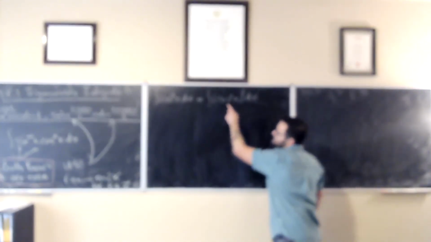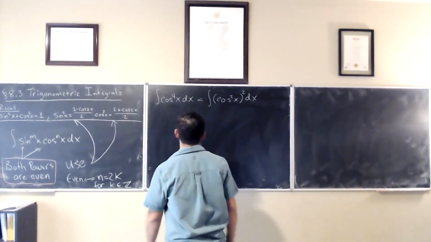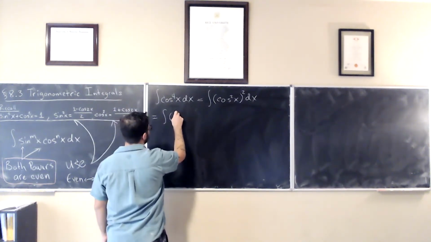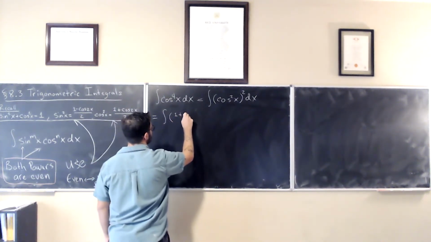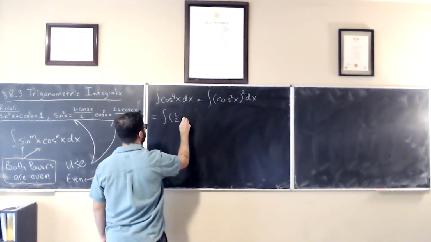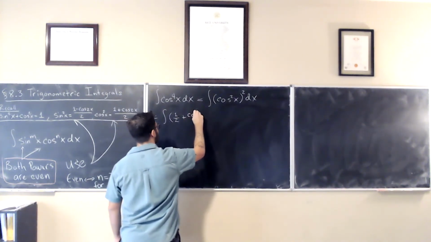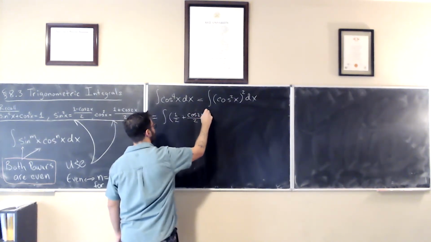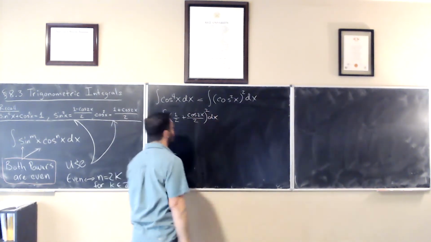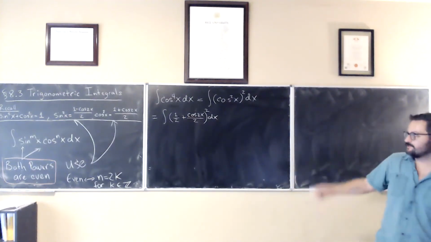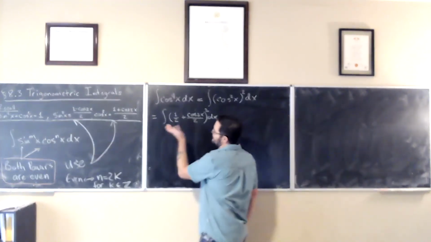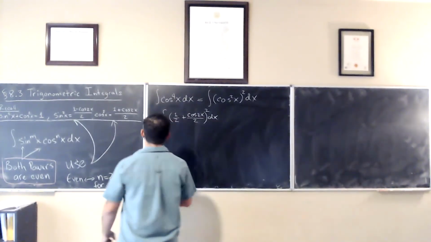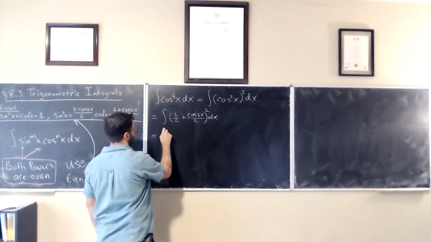And now inside of there, I can use that identity. This is going to be 1 plus, actually, I like to write it this way, because it's just easier for me to think about when I'm multiplying out or expanding this expression.